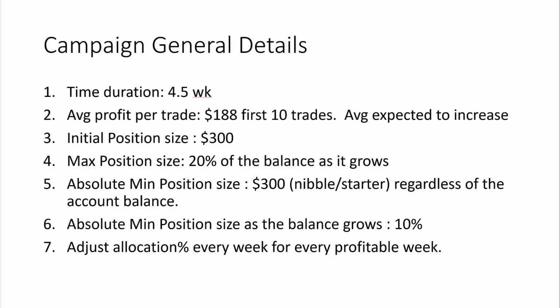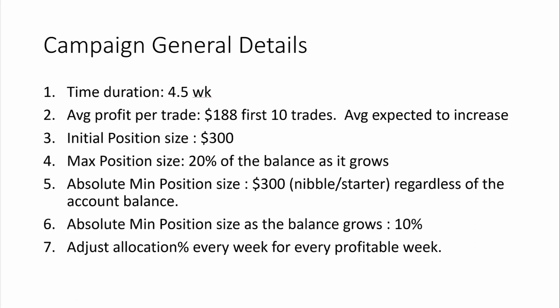So if you get super aggressive, you have to know immediately that 20% is your max. For example, if you start off at 1,500 and all of a sudden you're up at 10,000, and you're really bullish about a trade, so you want to use 5,000, that's 50%. You have to know what 20% is, which is 2,000. That is your max.